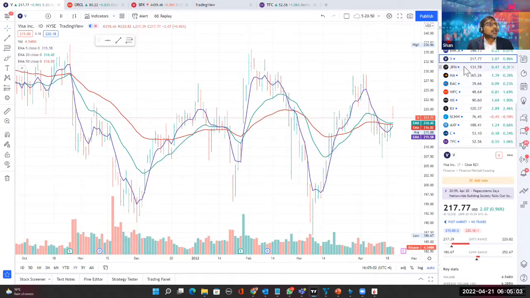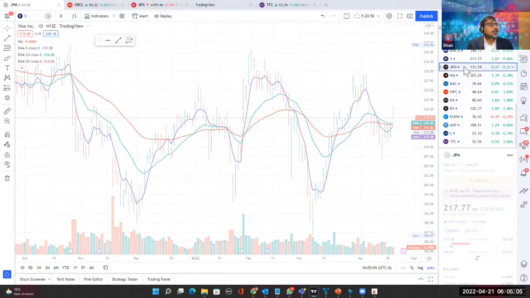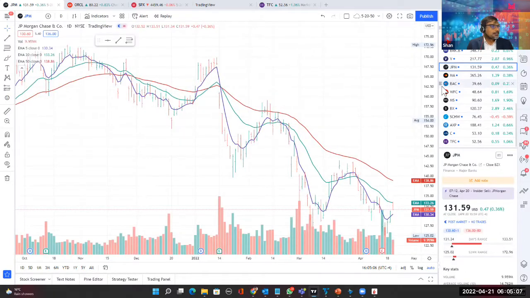Then we'll see JP Morgan. Well, it's not a very pretty chart, you can say. The stock is still below the 20 moving average and 50 moving average, just higher than the 5 moving average, which is this purple line.